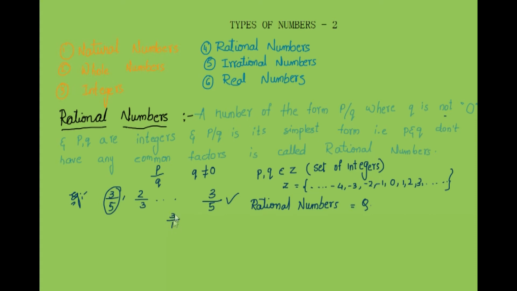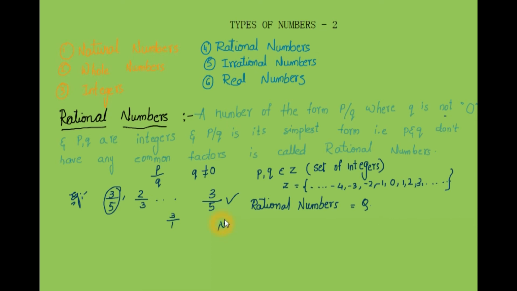Here it is also in p by q form where q is not equal to 0, and p, q are integers. 3 is an integer and 1 also belongs to integers. So in rational numbers, p belongs to integers and q also belongs to integers.